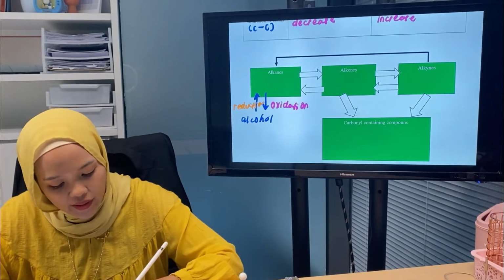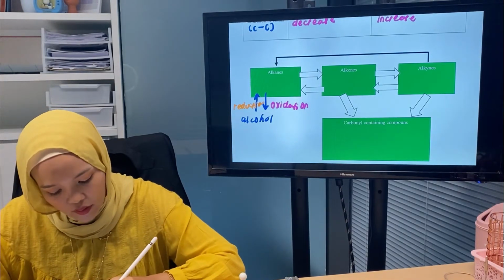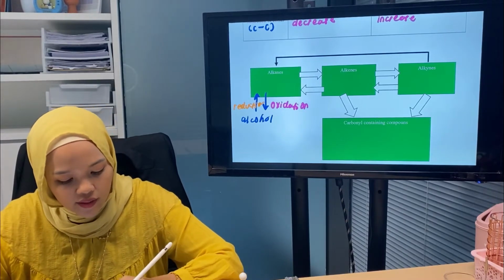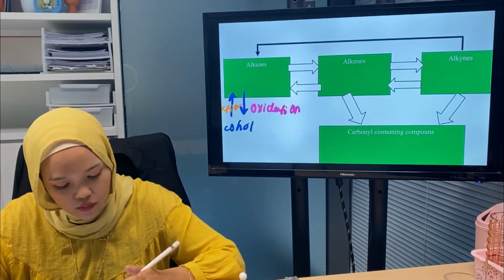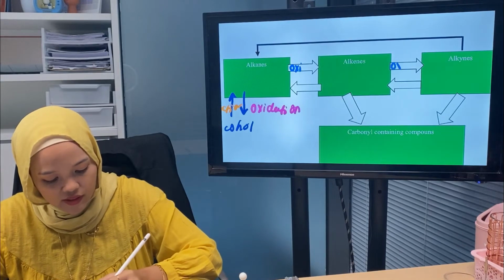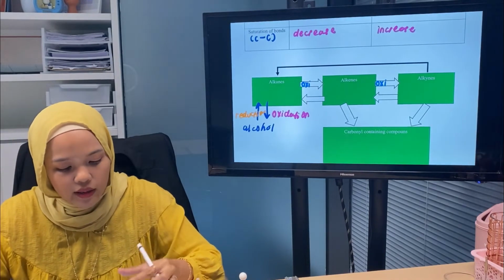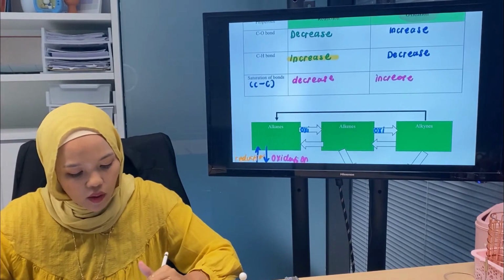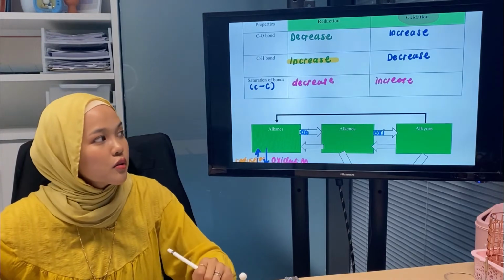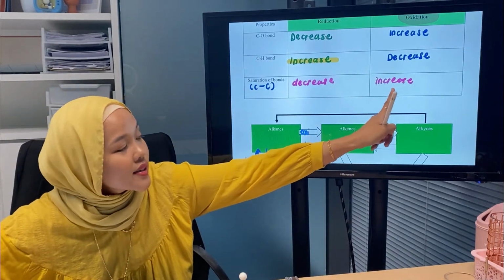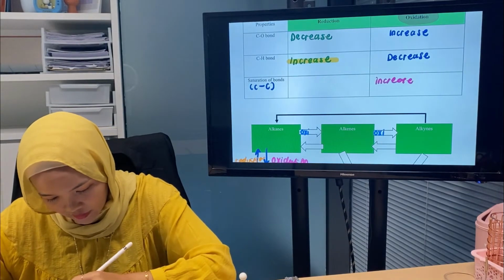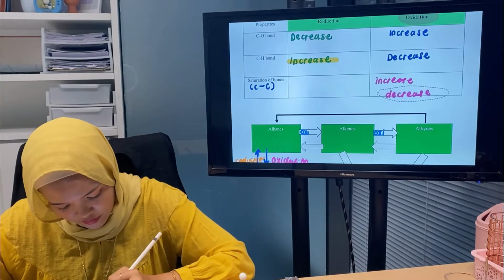So if oxidation increases, here look at the alkane. From alkane, we have just discussed it, so I'm not going to write this in detail. So alkane to alkene, this is going to be oxidation. Alkene to alkyne, this is oxidation. Why? Because from alkene to alkyne, you are decreasing the number of carbon-hydrogen bonds, or you are increasing the... sorry, I got it reversed.